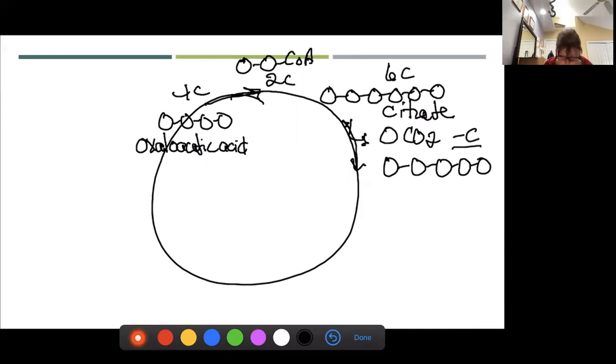We are also going to make NADH, and that technically should be NADH plus H plus, but I'm going to run out of space, so I'm not going to put the H plus in there, but we do. So again, we're exhaling the CO2. We went from 4 to 2, that gives us 6. We're now down to 5, a 5 carbon molecule, and we're going to repeat this step to get us a 4 carbon.